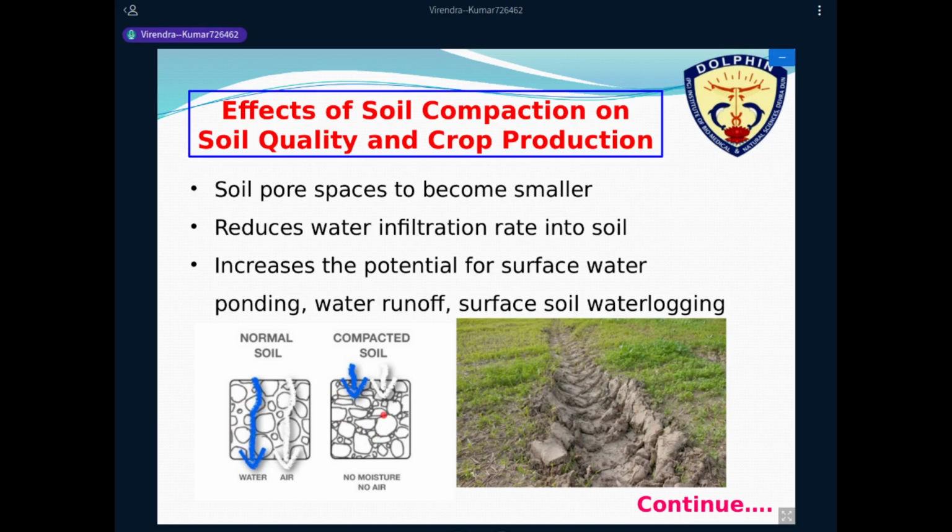You can see in this diagram that there is more pore space, and there is the compact or very small pore space.